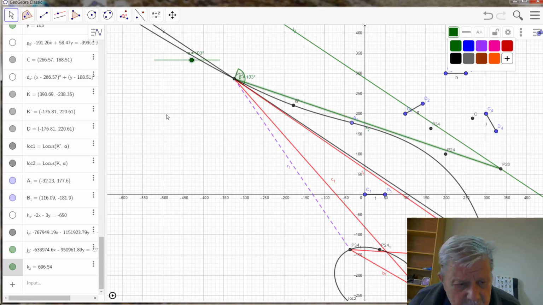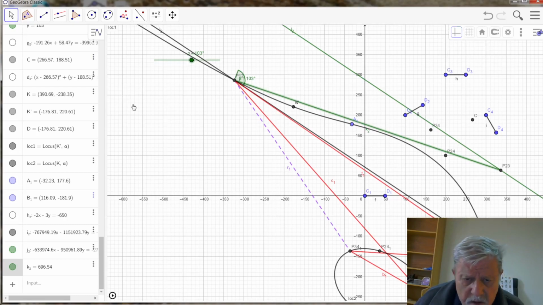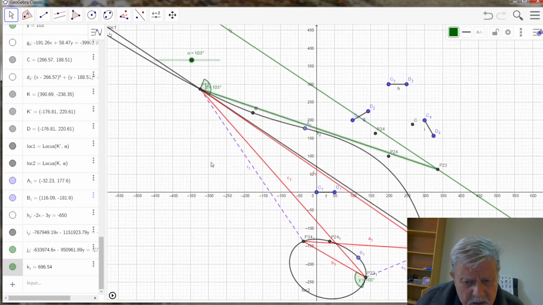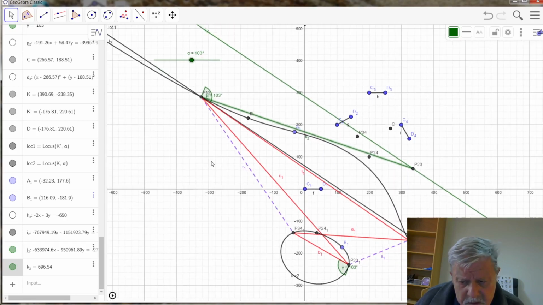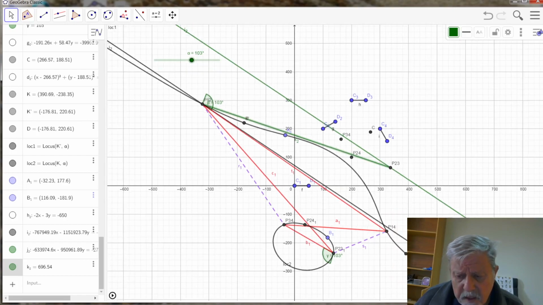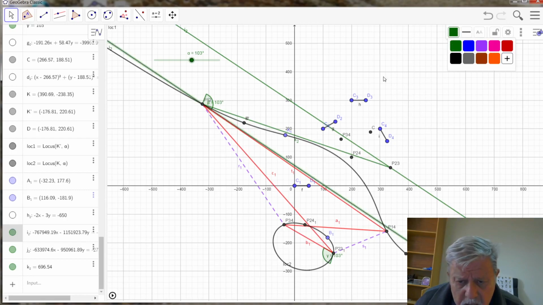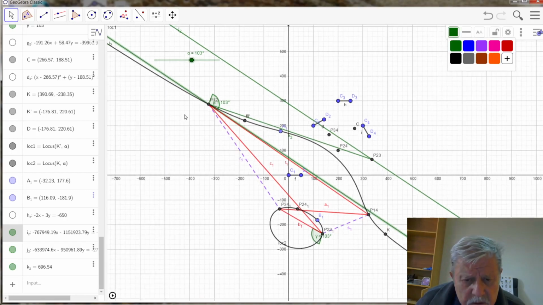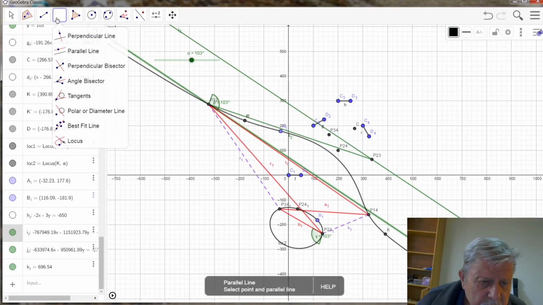That's not parallel. I don't want to draw another. It doesn't look parallel, but I'm not sure. I haven't drawn any other line. This must be parallel. I hope I'm doing it right. Well, let me check it.